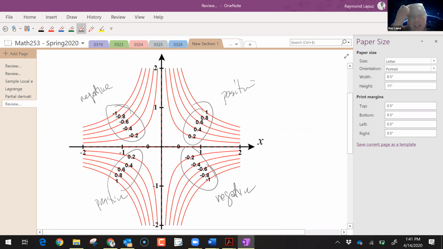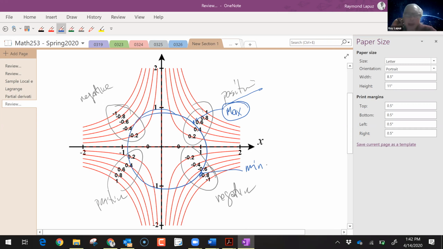So given that, whatever shape your constraint is, if your constraint is like that, then we're looking at positive on this side. So this is the maximum values, and then this would be a minimum here.